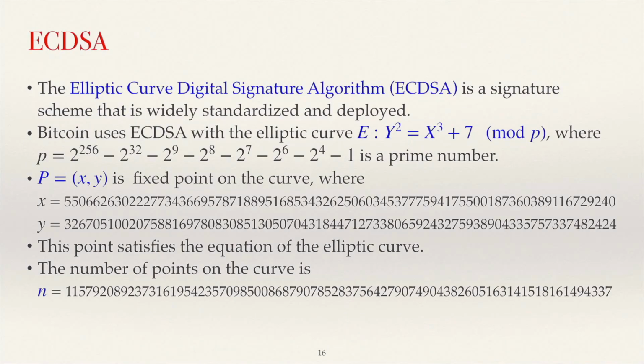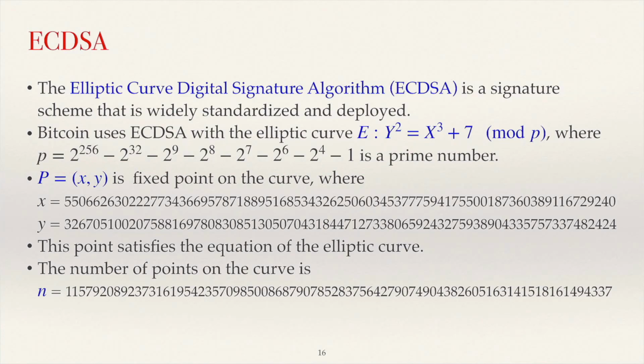Let's move on to the ECDSA. The elliptic curve digital signature algorithm, ECDSA, is a signature scheme that is widely standardized and deployed. Bitcoin uses ECDSA with the elliptic curve y squared equals x cubed plus 7 modulo p, where p is this nice 256-bit prime number.